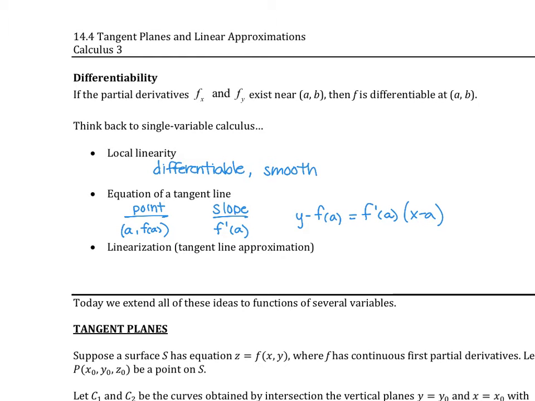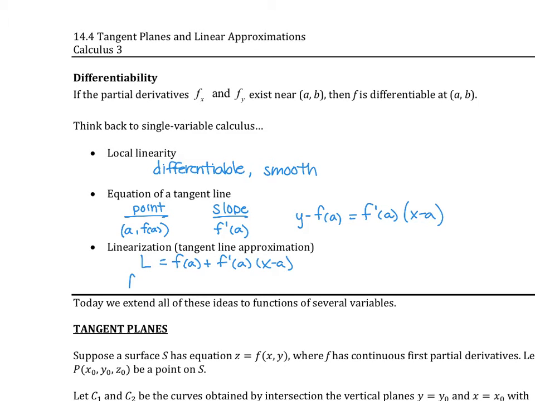And so then we would say the linearization, let's just call it capital L, equals f of a plus the slope times x minus a.